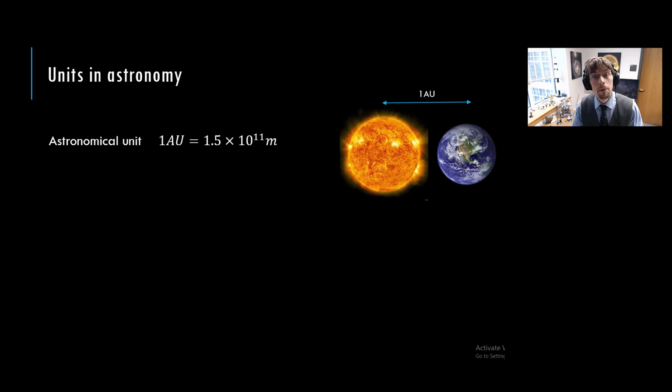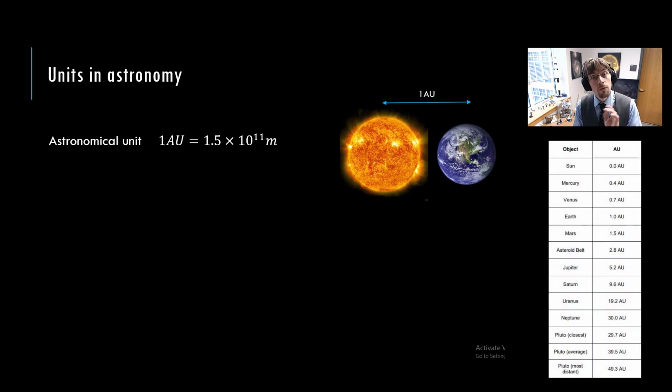For example, the distance from Jupiter to the sun is 4.5 astronomical units. In other words, 4.5 times the Earth-Sun distance. To Saturn, 10 astronomical units. Mars, 1.5. So it makes those numbers a lot easier to manage and gives us a point of reference.